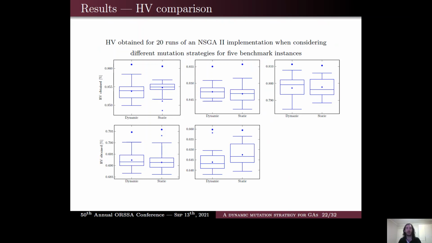So the conclusion drawn from these is it's not yet clear whether the dynamic mutation strategy is for certain better in the context of an NSGA2 implementation and an urban transit routing problem approach.